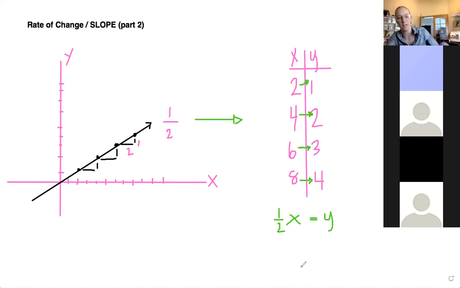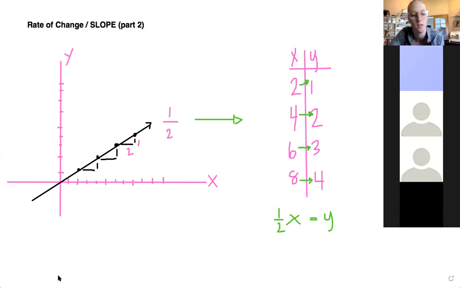Okay, perfect. Does anyone else see the rate of change happening in another way? Miss, I have a question. Yes. Why do we, not in the graph, but in the other part, write x first and y if y goes first? Good question. So the table I created is an input-output table.